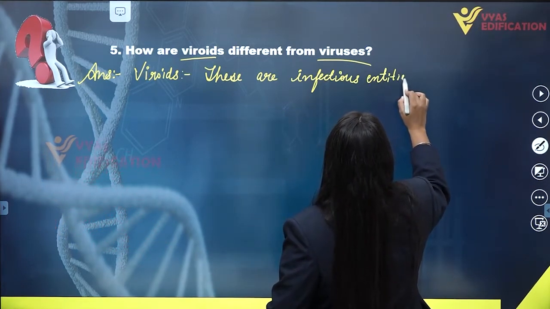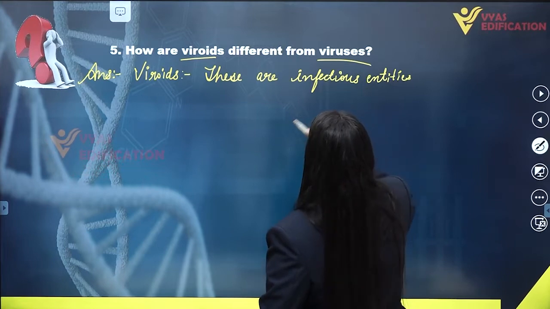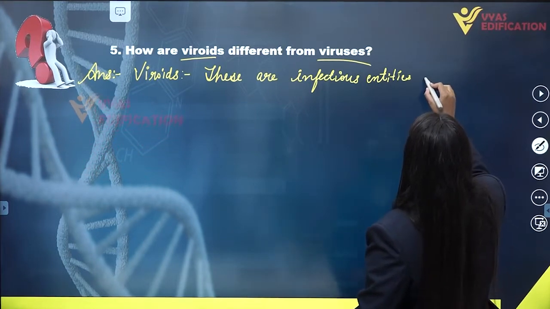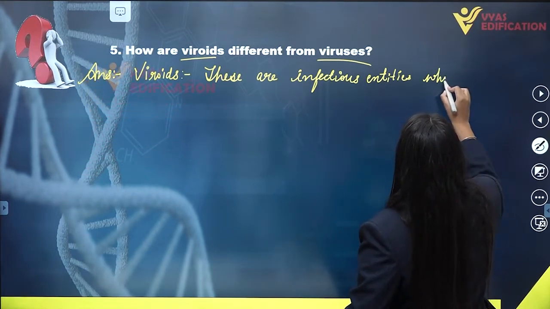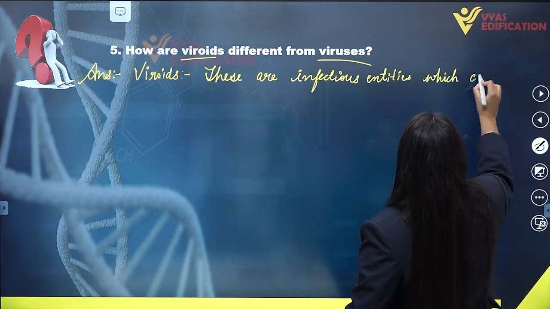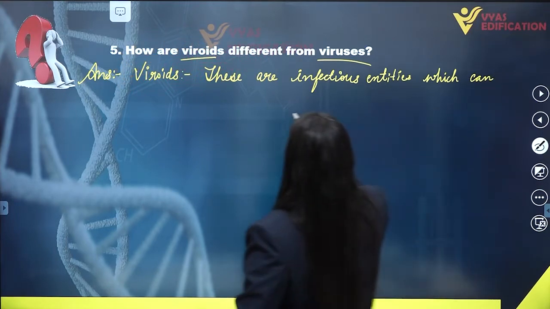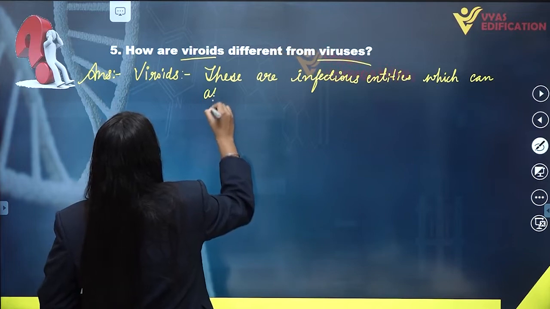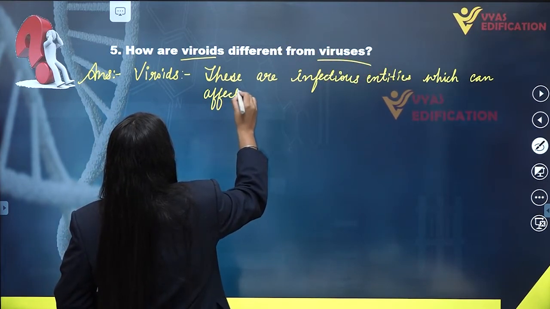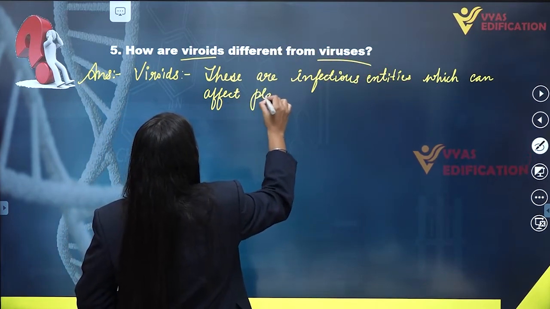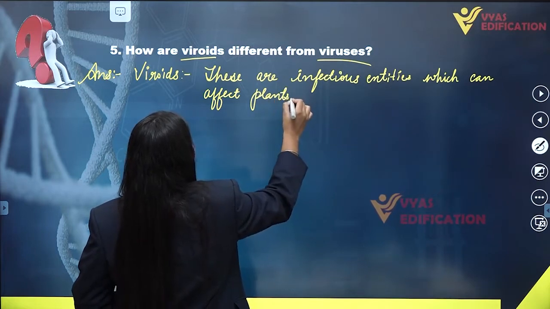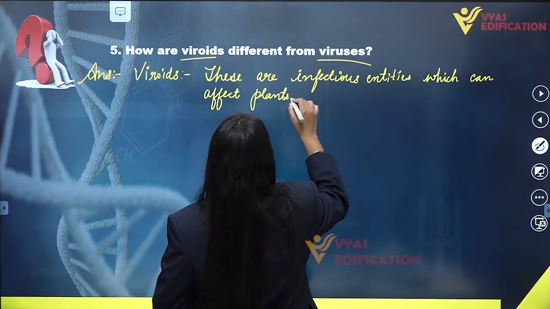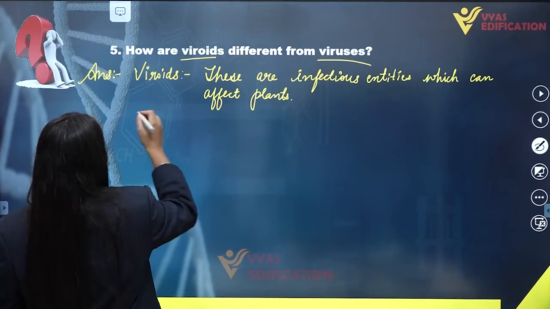That means agents, we can also call them agents. These are infectious entities which can affect plants, and they are smaller in size as compared to the viruses.